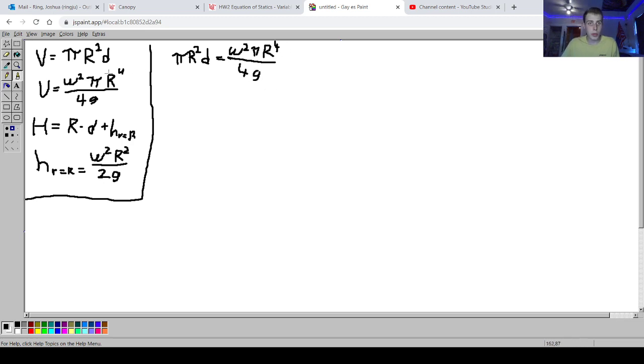So here we are able to cancel out this r squared, leaving this one just to be r squared, and we are able to cancel out the pi's. So we are left with our dip being equal to angular frequency squared, r squared, all of that being over 4g.